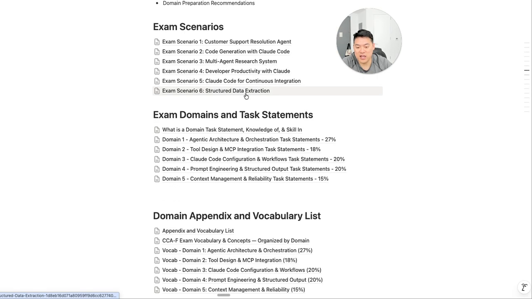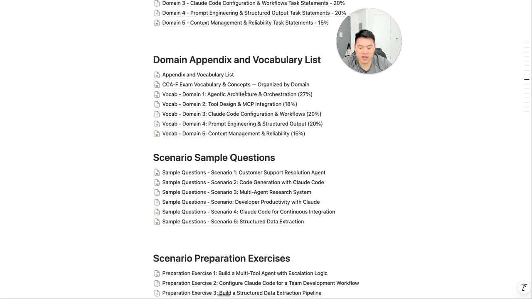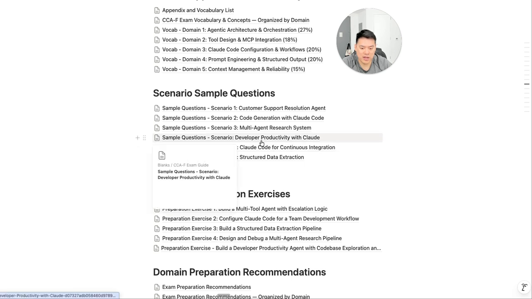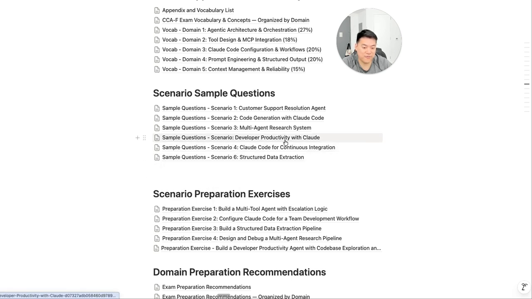The other thing that I wanted to point out that I did not already is that sample questions for scenario, technically 4 and 5 and 6, are missing.